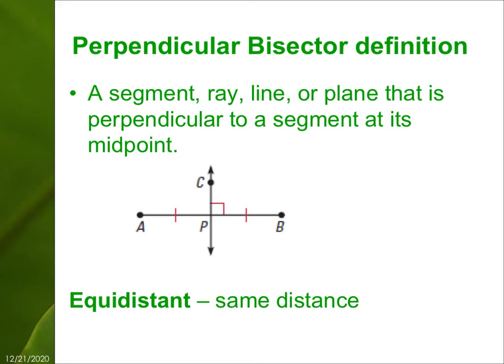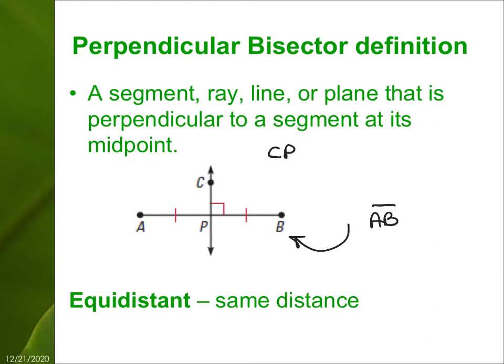Now on the next slide, we need to understand what the word equidistant means, and that means the same distance. So notice in my figure here, what's being bisected must be a segment. The piece that's being bisected in this picture is the segment AB. Notice the perpendicular bisector is CP.